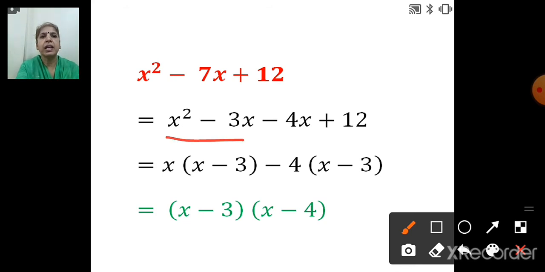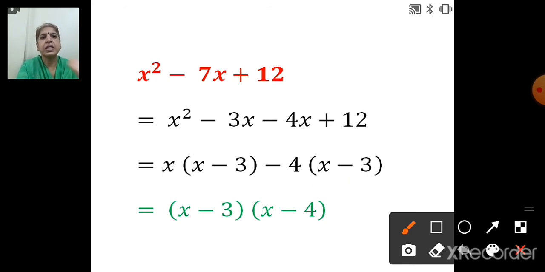Again let's make the groups. In the first group, the common factor is x. Uncommon is x minus 3. Similarly, in the other group, the common factor is minus 4. So the uncommon here will be x minus 3. We know 12, so 4 threes are 12, x minus 3. And also you know children, you will get this bracket common.